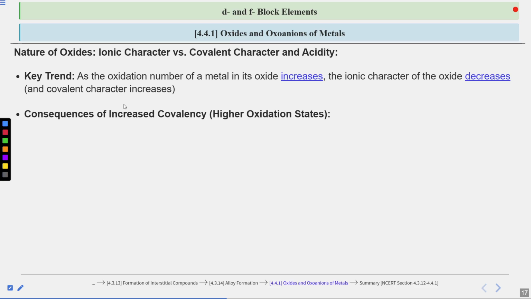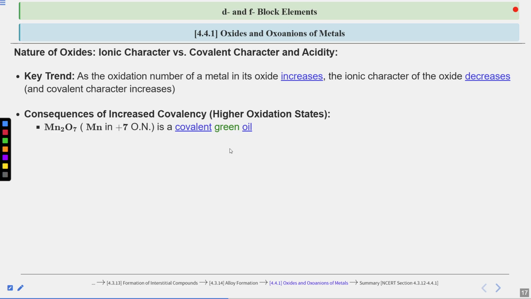What are the consequences of increased covalency? In the higher oxidation states, Mn2O7, manganese oxide where manganese is in its highest oxidation state, +7, is a covalent green oil.